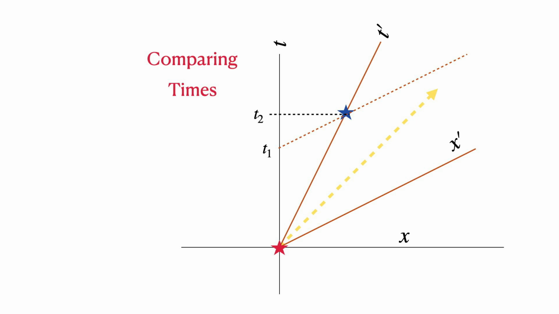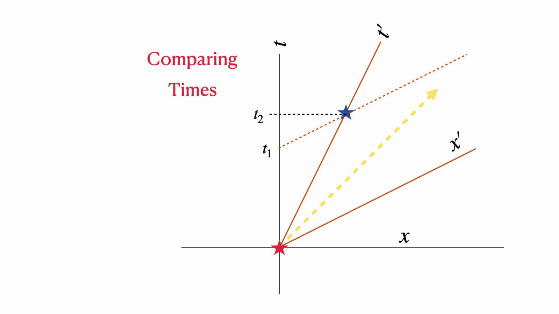Now let's see why both Alice and Bob see the other person's clock run slow. Bob and Alice are going to communicate by sending messages to each other at the speed of light. So to find out what time the message was sent, they have to subtract the light travel time. If this is not familiar to you, check out the video on Alice and Bob doing relativity experiments. At time 0, they synchronize their clocks when they're together at the origin.